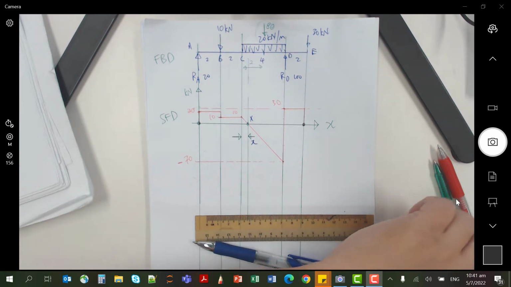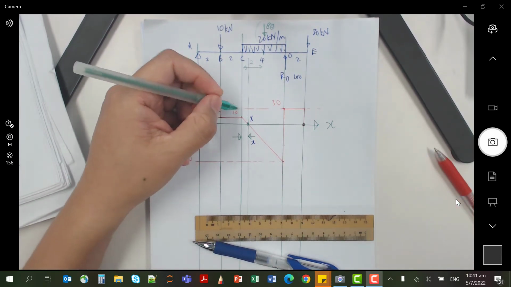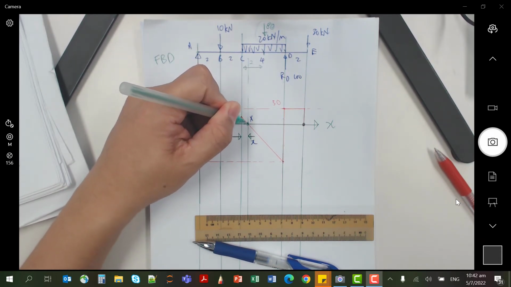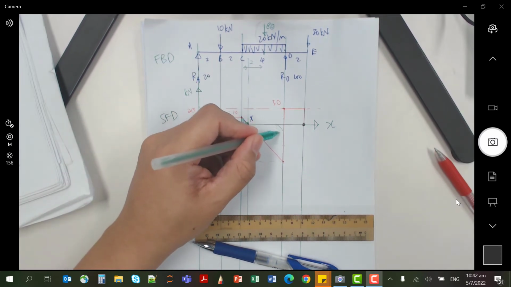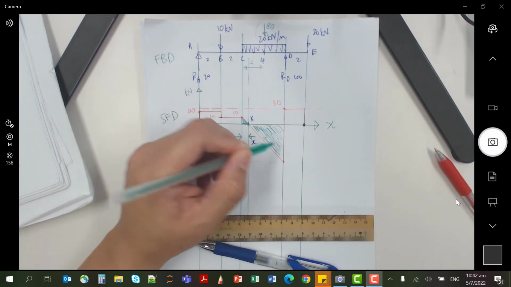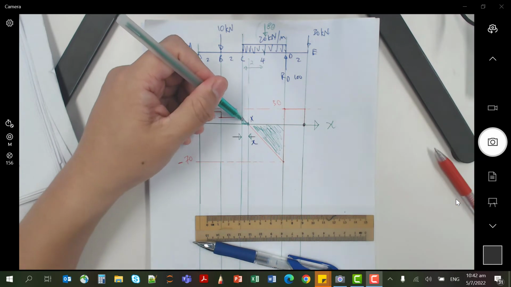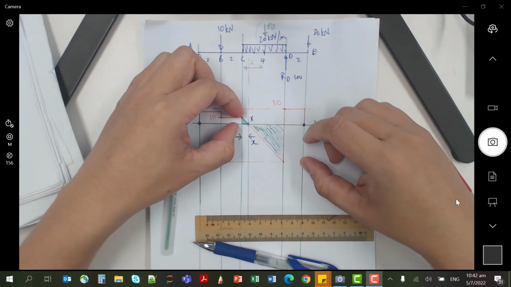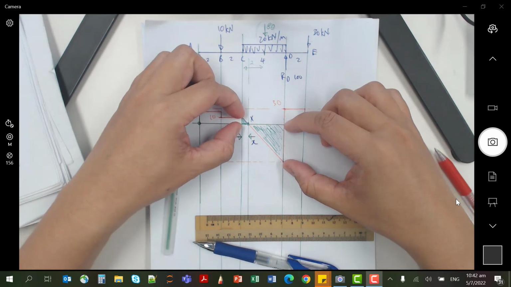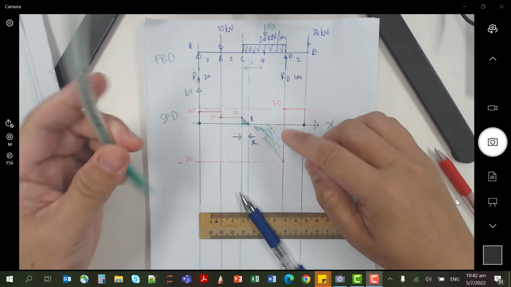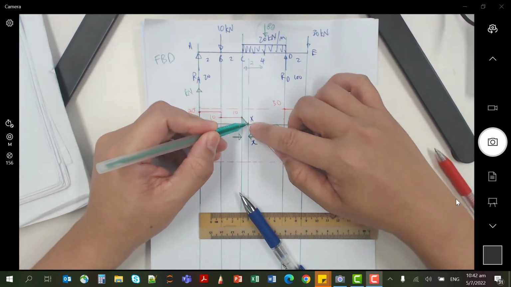The two triangles are basically the two that are created from this shear force. The first one is this small triangle, the second one is this large triangle. You say the small triangle is similar to the large triangle, which means the ratio of the height will be the same as the ratio of the base, and the same as the ratio of the hypotenuse.